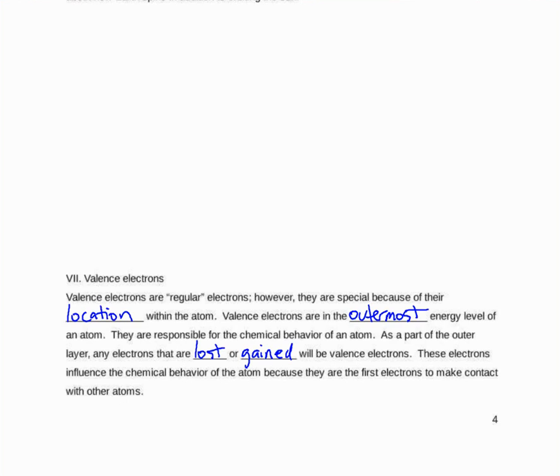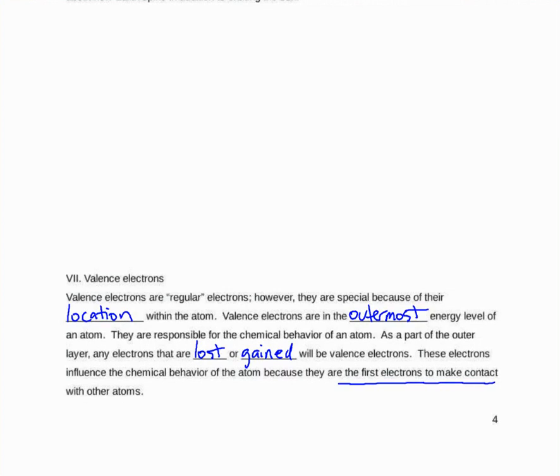These electrons influence the chemical behavior of the atom because when two atoms collide, they are the first electrons to make contact with atoms. Thinking about it in terms of a car, let's imagine you're driving down the road and you accidentally hit a mailbox.